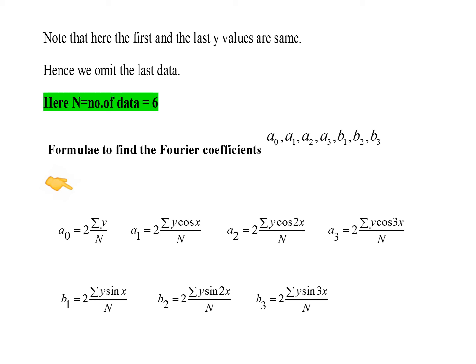Similarly, sigma y cos 2x means you have to put a column for y cos 2x, and for each x and y value you have to calculate cos 2x first, and multiply that value by y. So like that for every term you will have values, and you have to add all that. So that final addition you have to substitute here. So let us see how to proceed further.